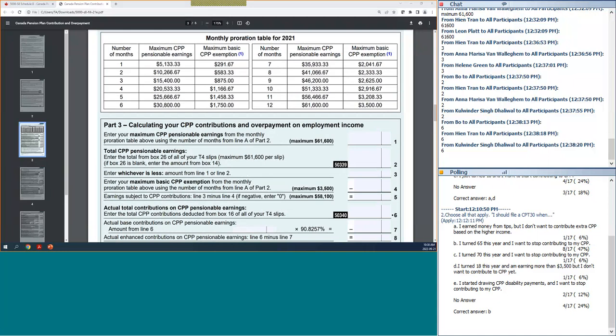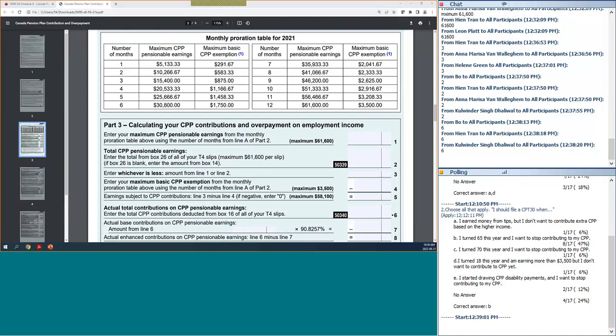Okay, let's try this. What you're going to say is tell me which lines should you prorate. Are you going to prorate line 1? Are you going to prorate the number on line 2? Line 4? Line 5? And are you going to prorate the number on line 6?